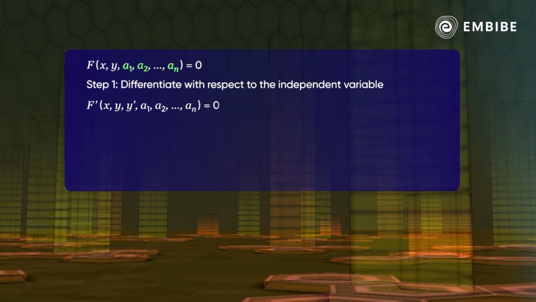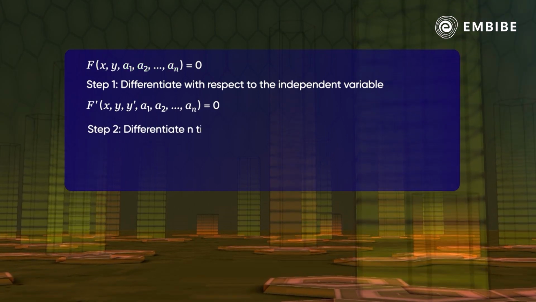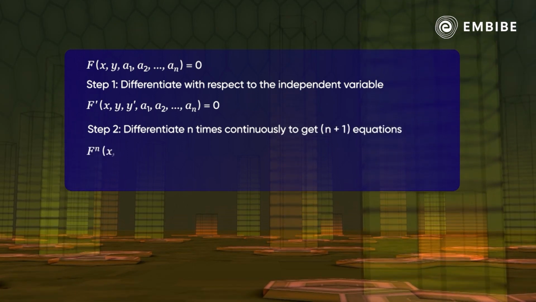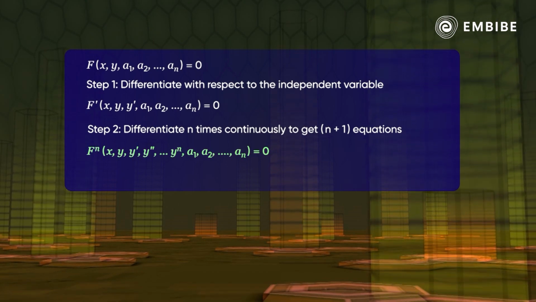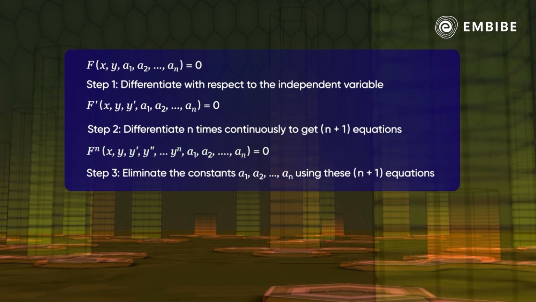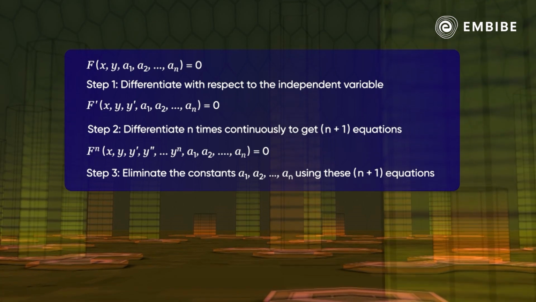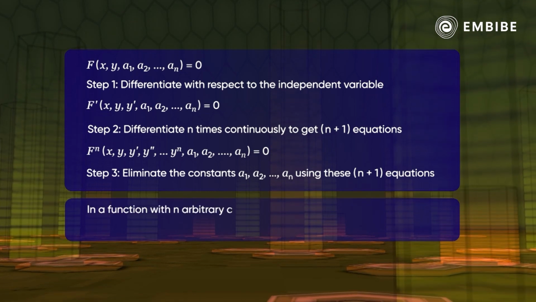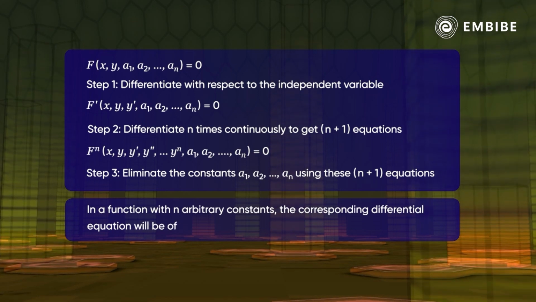Since there are n arbitrary constants in the equation we started with, differentiate n times so that we have n plus 1 equations to eliminate those n constants. Now we have n plus 1 equations using which we can eliminate the n arbitrary constants in the equation we started with. That is, if we start with a function with n arbitrary constants, the corresponding differential equation will be of nth order.